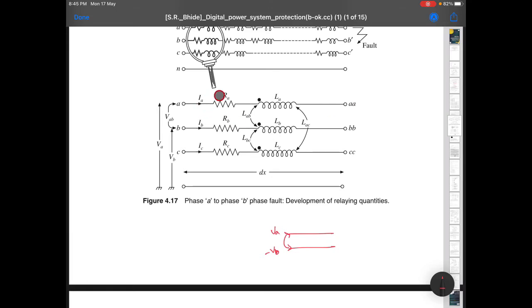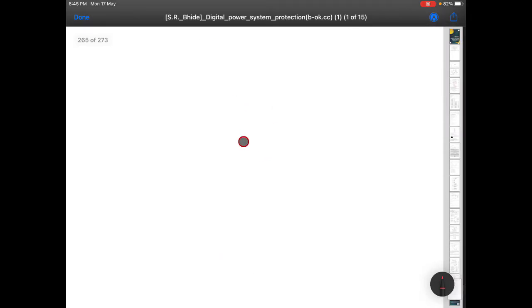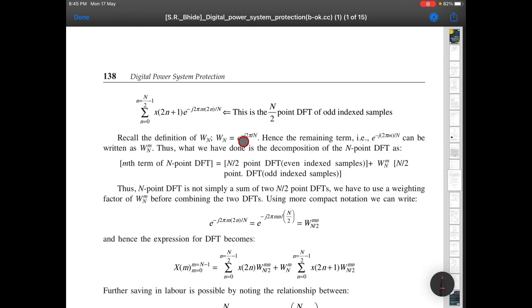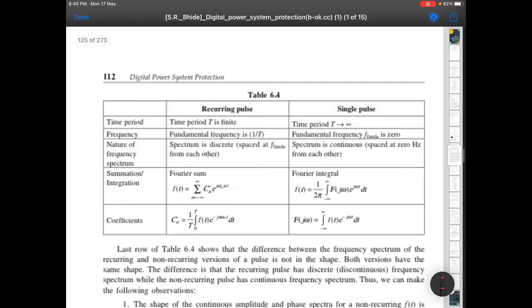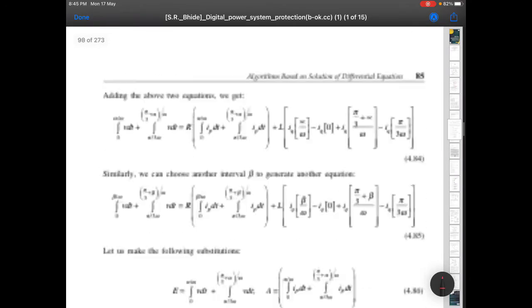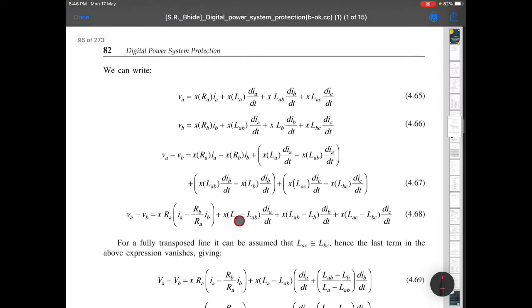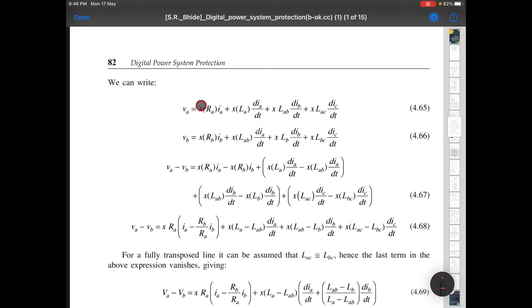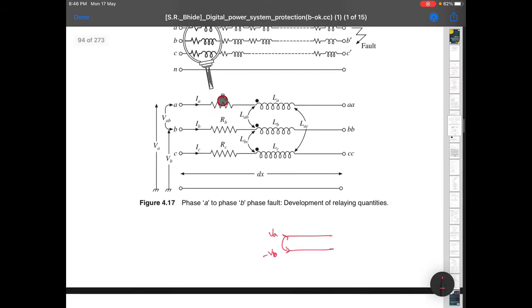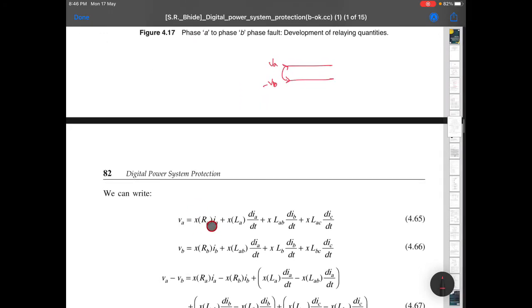So RA into IA is what? It is the real voltage drop, and we have a voltage drop due to inductance.